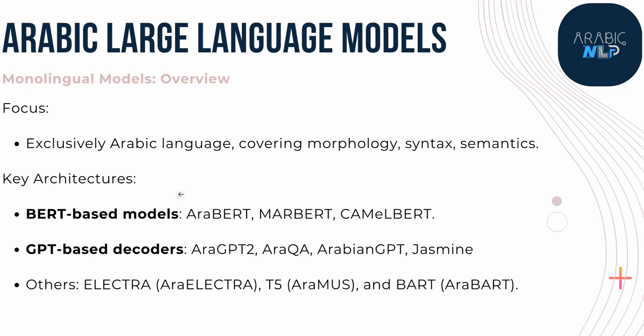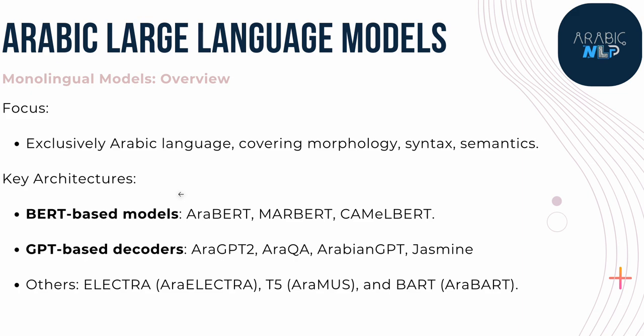Some of these models are trained on MSA, some on MSA and dialects, and more. We can use these models in different NLP tasks such as sentiment analysis or named entity recognition and others. We have the GPT-based decoders, including AraGPT, AraQA, Arabian GPT series, and Jasmine series.